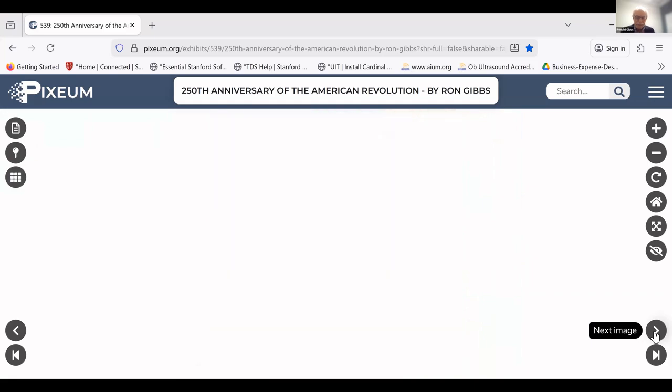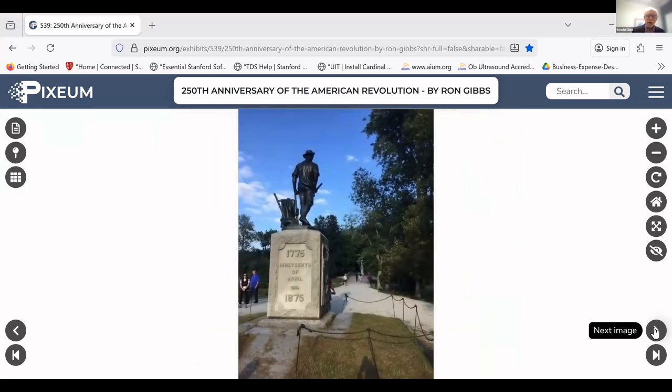The next slide is of the very famous statue of the Minuteman from 1775. Many of the heroic moments of the American Revolution are immortalized in a series of paintings.